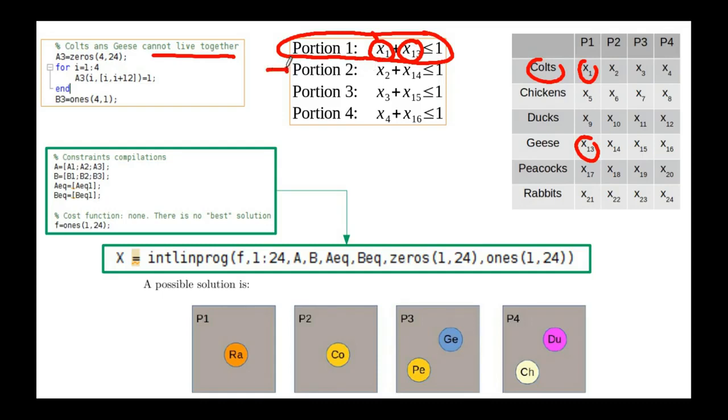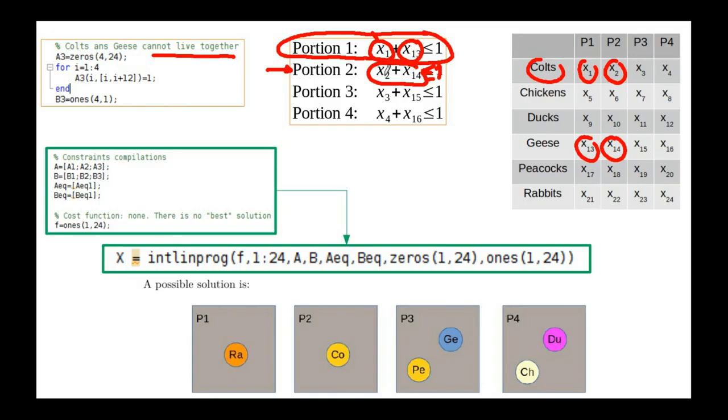The same goes here for portion number 2. I have cows in number 2, geese in number 2 is x14. If I add these 2 elements and I force them to be less or equal than 1, I'm forcing that maybe both are 0, maybe 1 is on x2, maybe 1 in x14, but 1 cannot be in both.